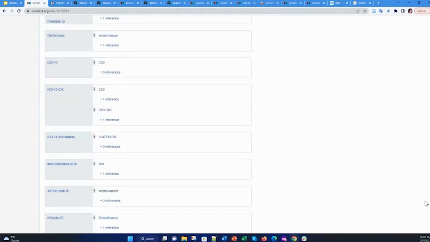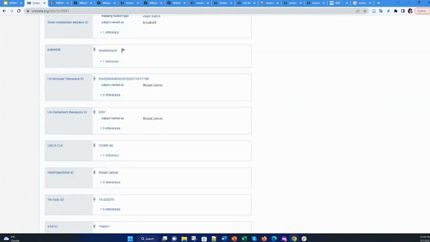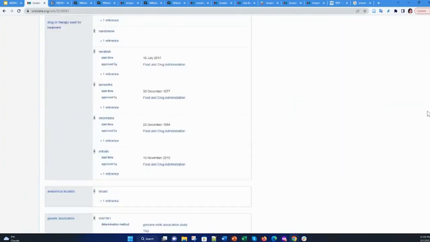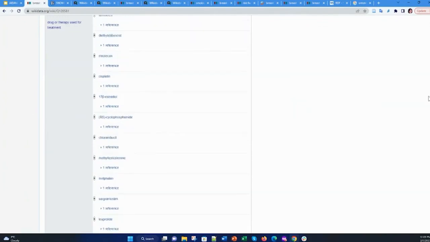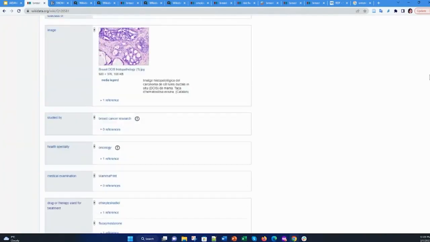Here you can see International Classification of Diseases, 10th revision codes. Also, we can see relation to UMLS here, the concept which is corresponding to this concept. A lot of relations with genetic associations, also with drug therapy used, medications, risk factors, etc.